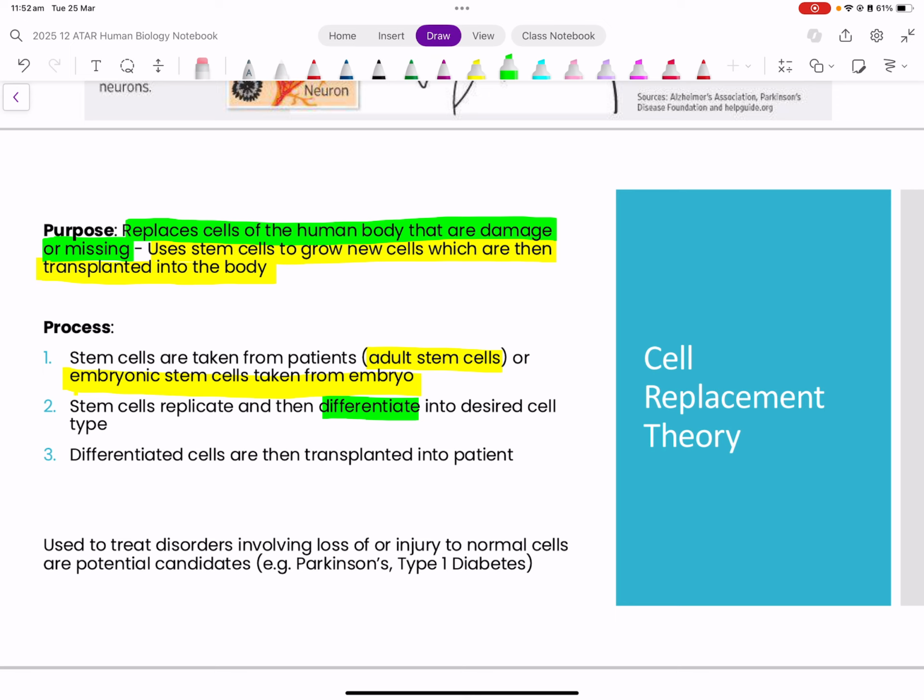Finally, those differentiated cells are then put back into the patient where they proliferate and then hopefully are used to treat things like Parkinson's, Alzheimer's, type 1 diabetes. However, it is not a perfect replication and it's not a cure. Again, at this stage, we're still exploring as scientists how to properly apply this cell replacement therapy to these conditions.